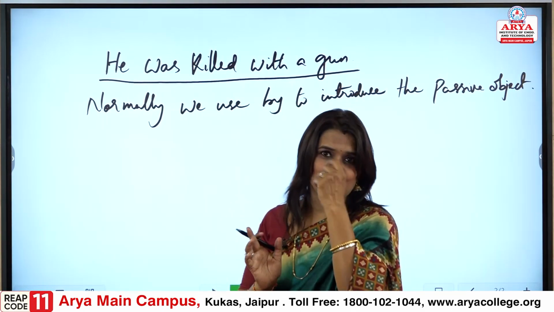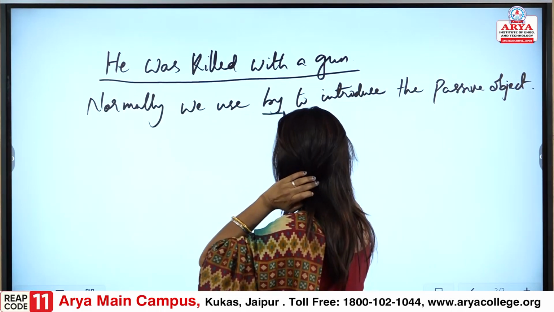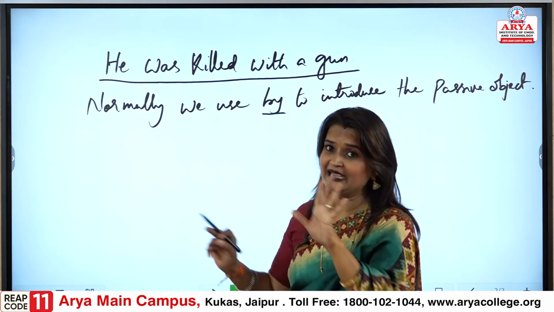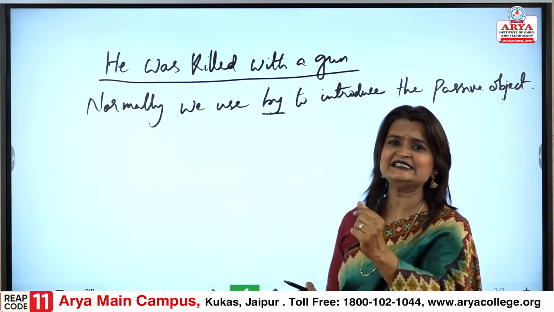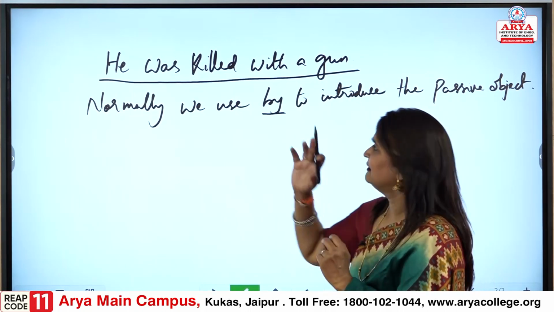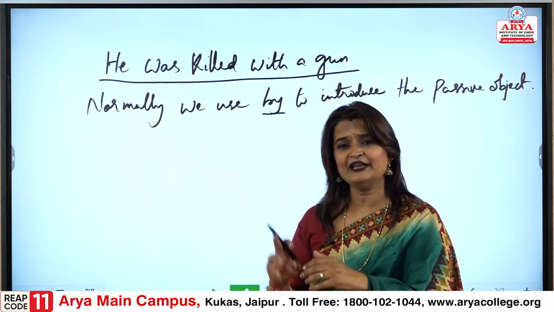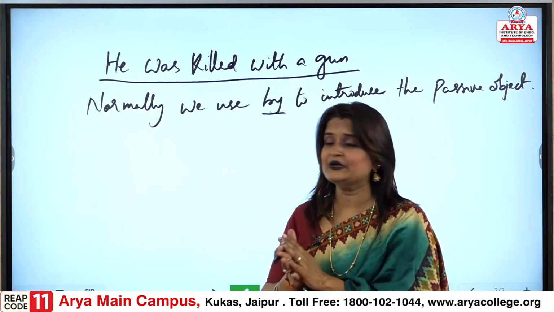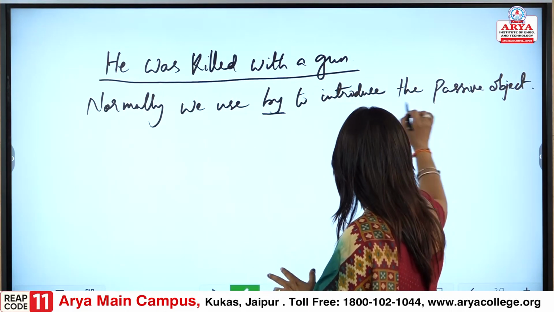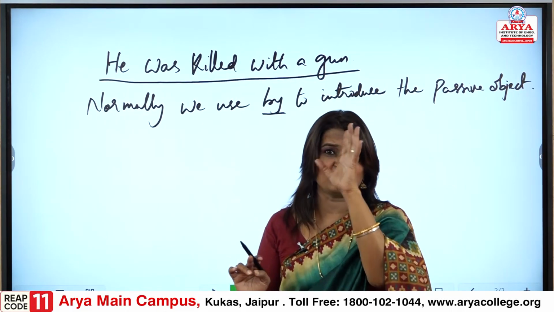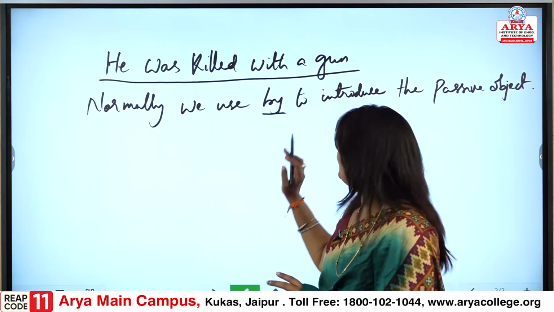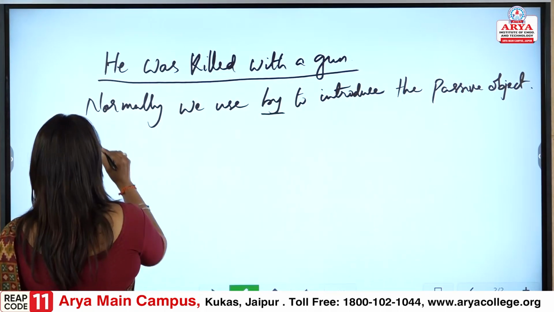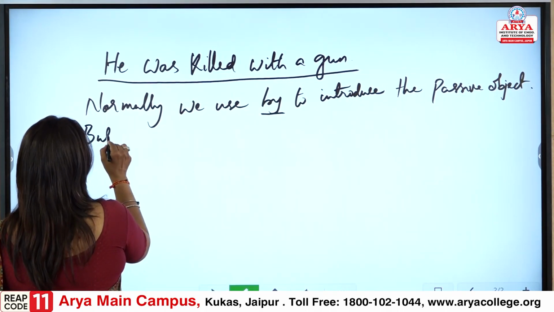As I was saying earlier, he was killed by, suppose I mention someone's name, Hari or Ram. Usually, to introduce the passive object, we use "by."